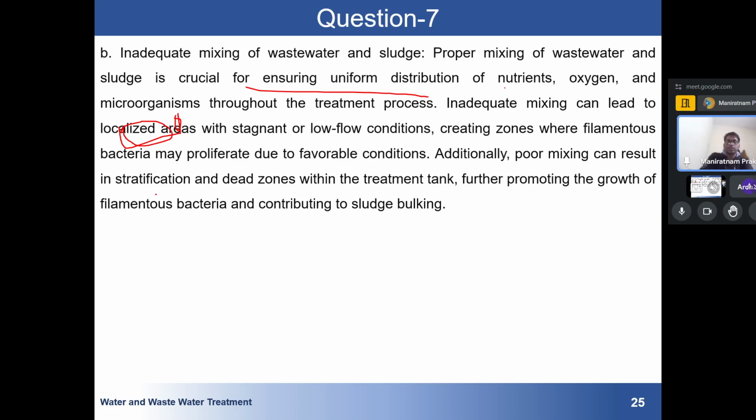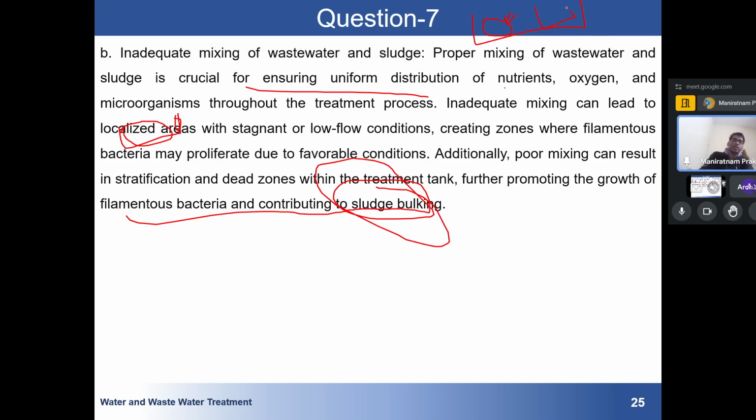Additionally, poor mixing can result in stratification within the treatment plant, further promoting the growth of filamentous bacteria and contributing to sludge bulking. So overall, if sufficient oxygen is not provided and sufficient mixing is not done, the organic matter present here will contain fewer microbes.